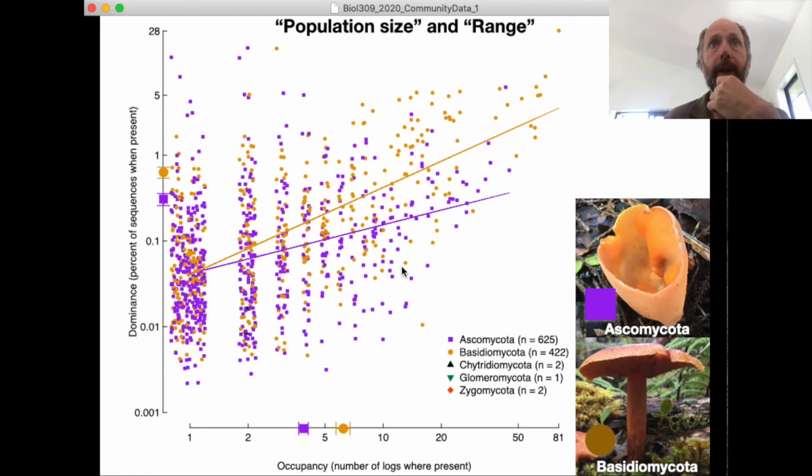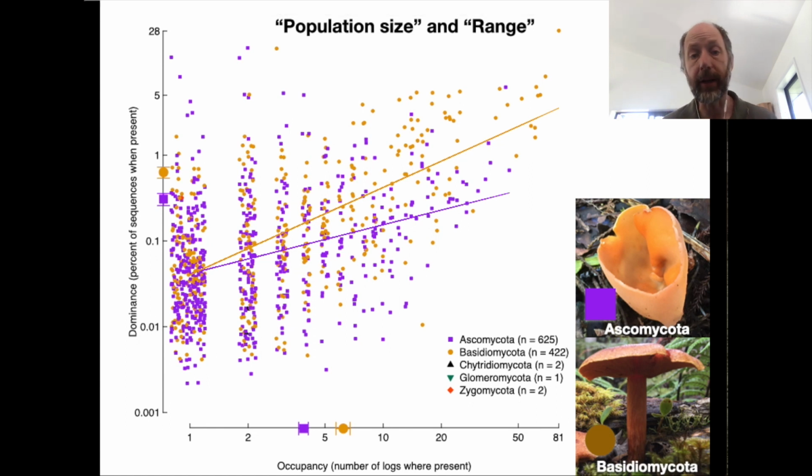I'm going to talk about this data at some point, but it's a much larger data set. And we can see that, say, basidiomycetes, shown in this yellow color, tend to be both widespread and high abundance. But ascomycetes can be very abundant, they're just not very widespread, and we could start coming up with some good ecological explanations for that. But at this point, just for the stats course, I just want to show that this is a useful way to examine community data.